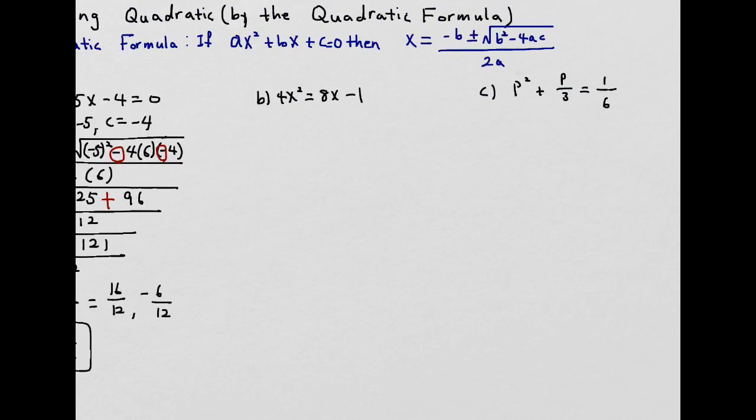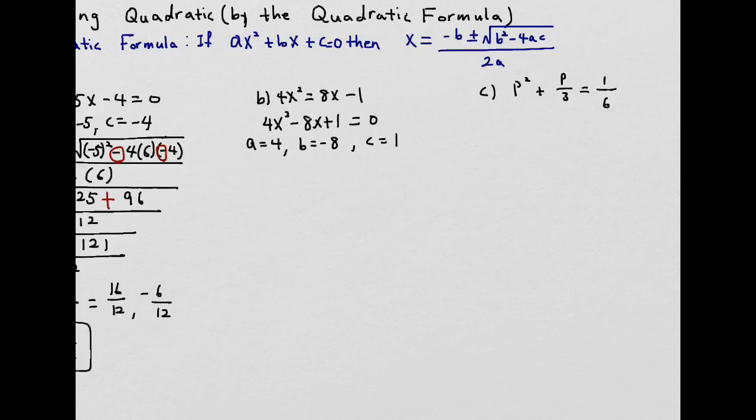Let's look at the next one. The next one, the same thing. The only thing different is the given problem is not in standard form equals to 0. So that's the first thing you want to do before you get your A, B, C out from the given equation. So put it all on one side equals to 0. And then from there, we know your A is 4, B is negative 8, and C is positive 1.